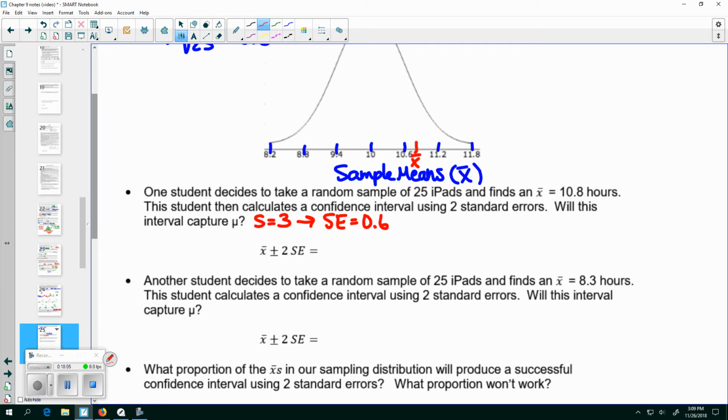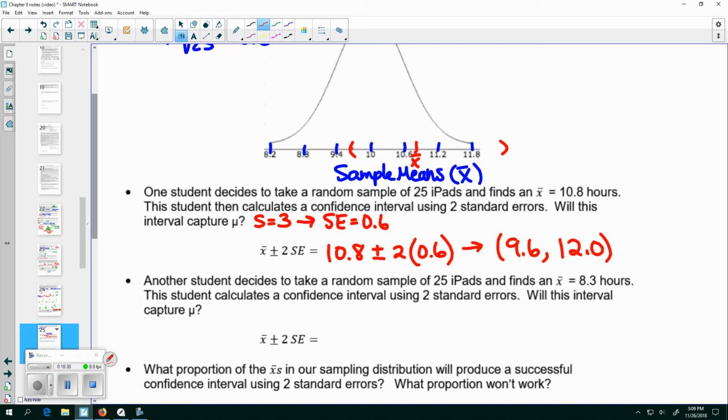Right? So if we take their sample mean, plus or minus 2 of these standard errors, it gives us a confidence interval from 9.6 up to 12. And you may want to press pause and double check those numbers. Visually, it means their interval goes from about here, 9.6, up to about here, 12.